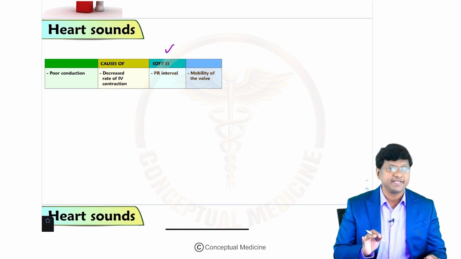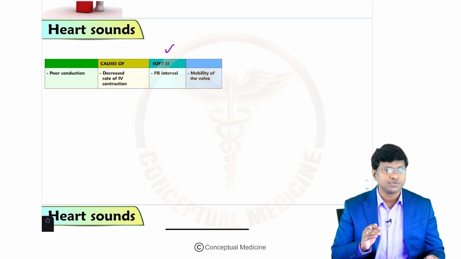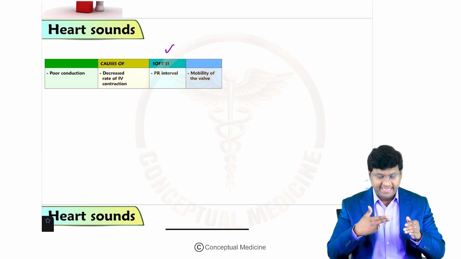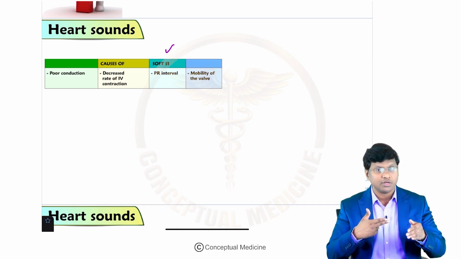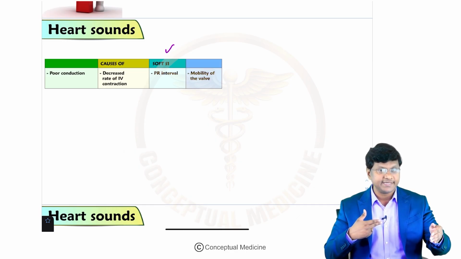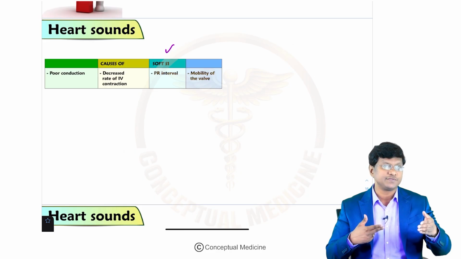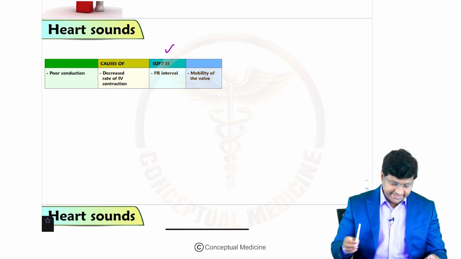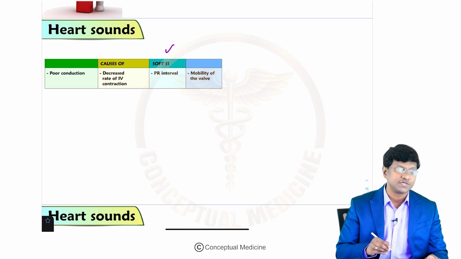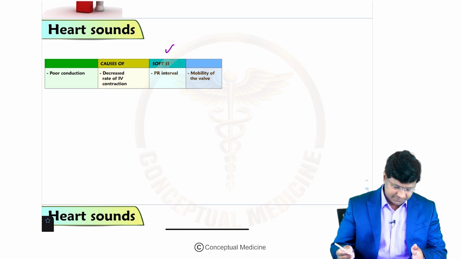Wherever there is poor conduction of the sound to the surface of the chest, like when the distance between the valves and the chest wall is increased, then the conduction of the sound to the surface of the chest does not occur. There will be poor conductance of sound to the chest wall.